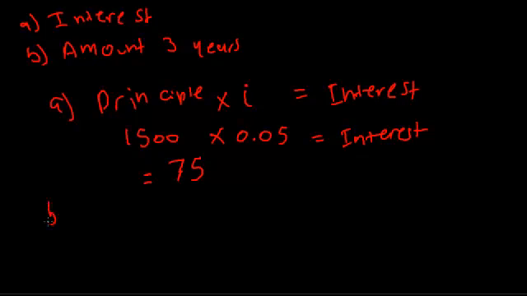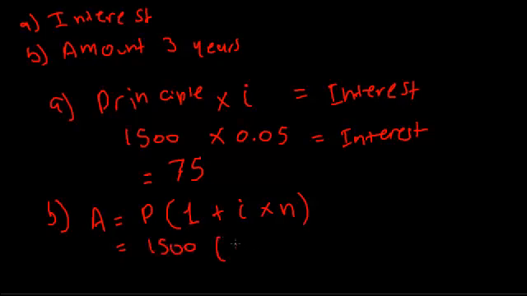Now part B is the amount after 3 years. And so we're going to use the formula I told you guys earlier. This amount equals P times 1 plus I times N, equals 1,500 times 1 plus 0.05 times 3.